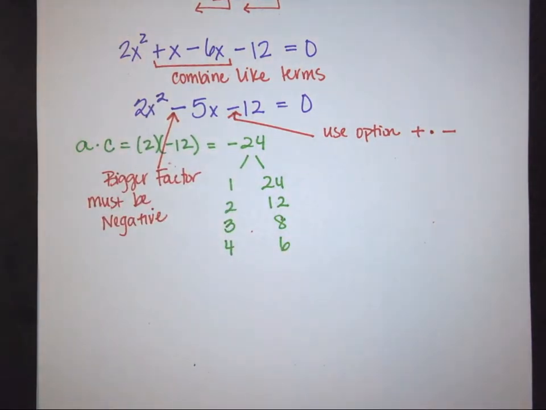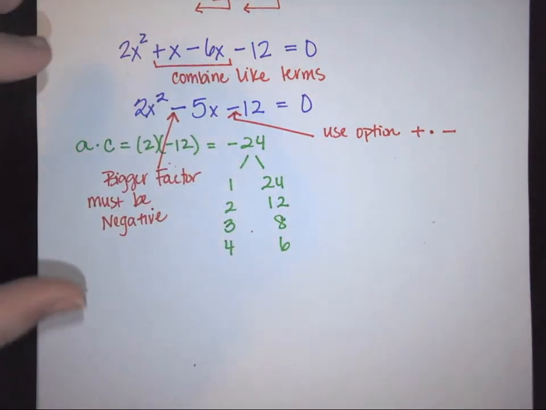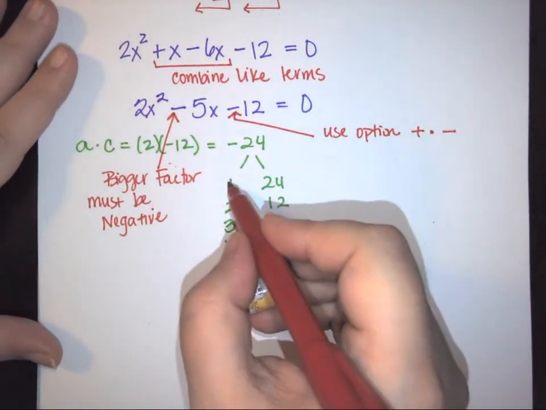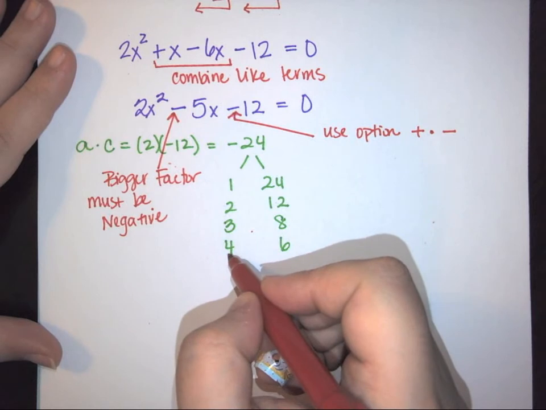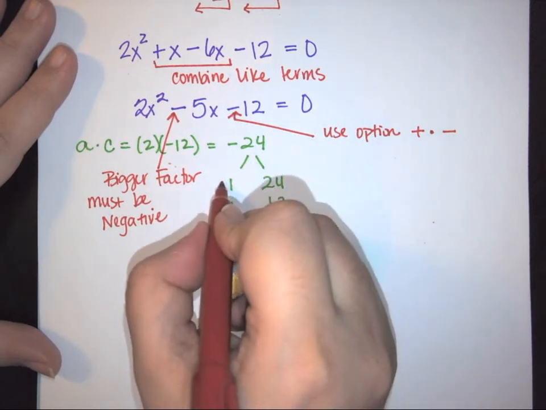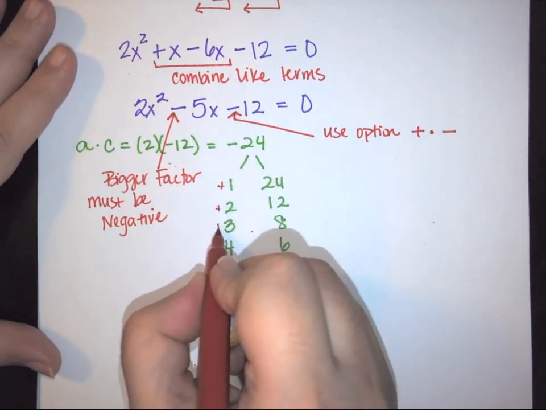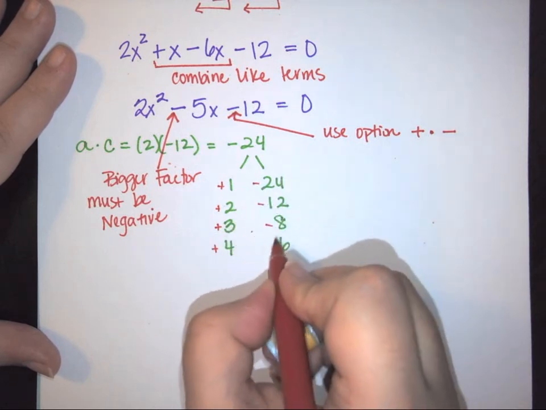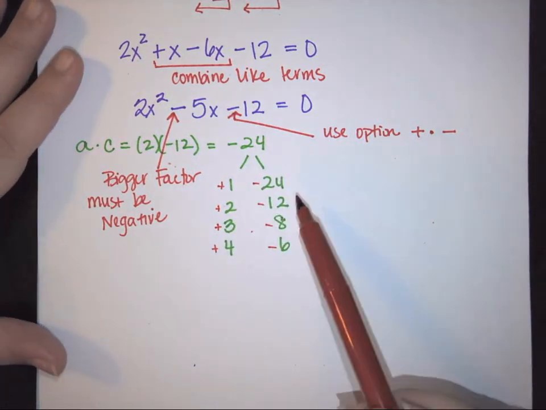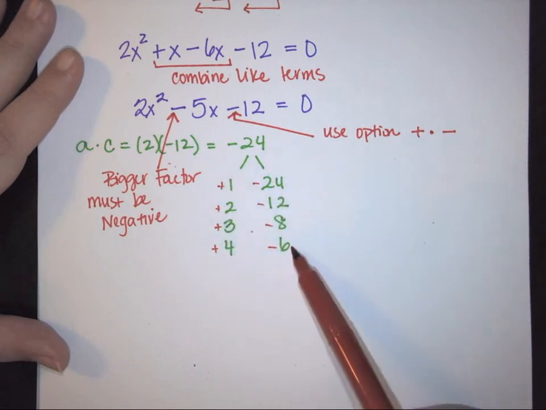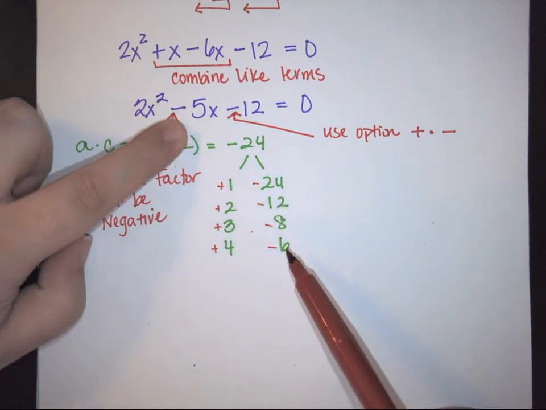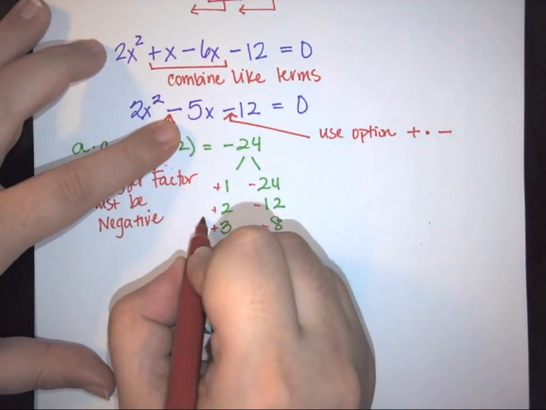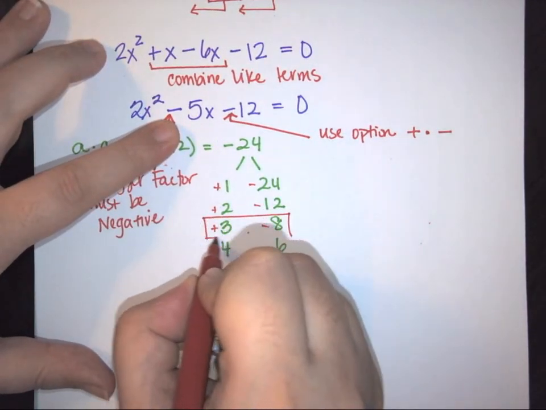Because that's the only way that you can add to a negative number when you have one positive, one negative. So when I'm looking at them, it means all of these small numbers here, these are all going to be positive. And these big numbers over here are the ones that are going to be negative. So I need to know which one of these, when added together, is going to give me a -5. And in this case, I'm going to have it right here with my 8 and 3.